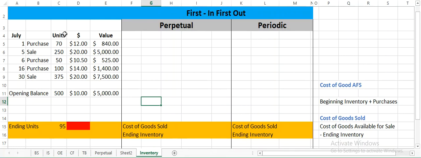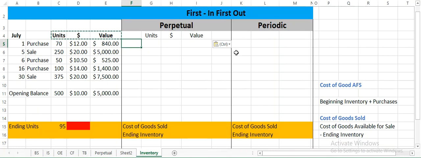Hopefully we remember that for the perpetual method, we are calculating this value at the end of every transaction. Similar to the average cost method, we do the same thing. It's just that we treat the calculation of the cost of inventory differently, and that's at the time of sale. So let's get started with identifying our costs.